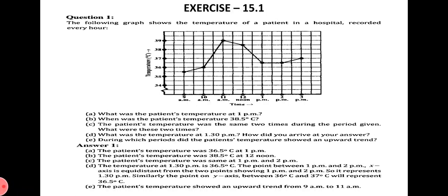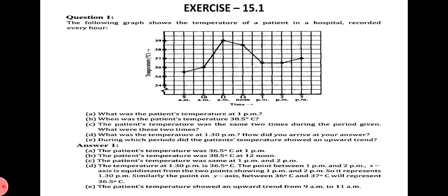And last question, question number E, during which periods did the patient's temperature show an upward trend? Now for the solution, let us use the line graph and answer the asked questions.